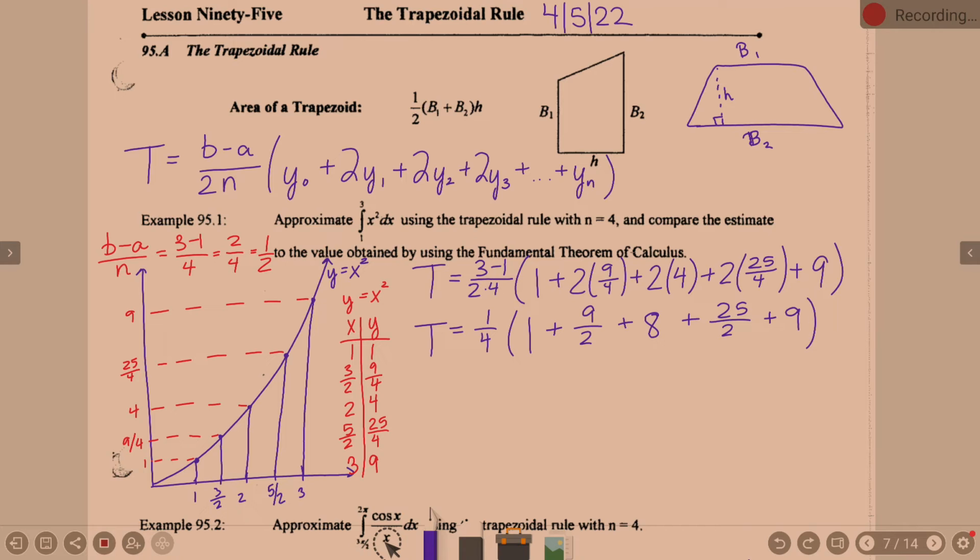My brain says 9/2 plus 25/2 is going to be 34/2, taking my 2 fractions. 34/2 will be 17. Plus another 1, 8, and 9, which is another 17, plus 1. That's 35.